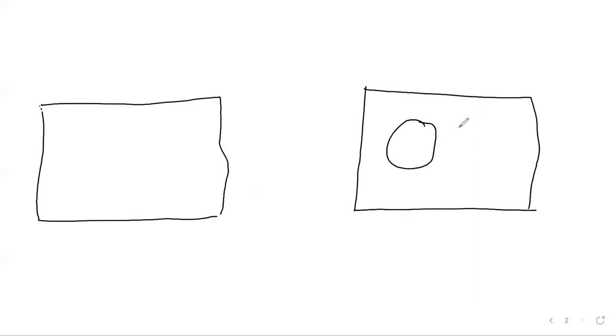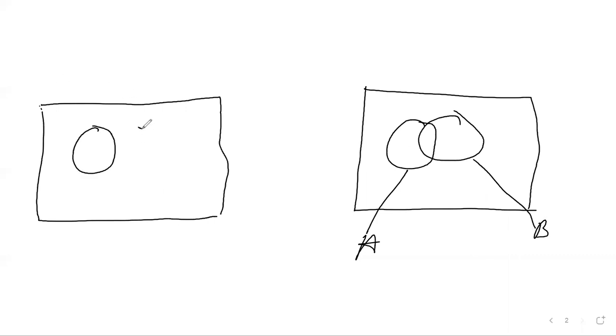This is my A set, this is my B set, name that A, name that as B. Similarly here, this is my A set, this is my B set, named it as A, named it as B.